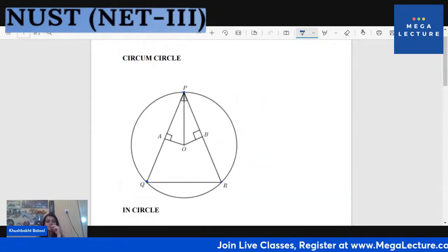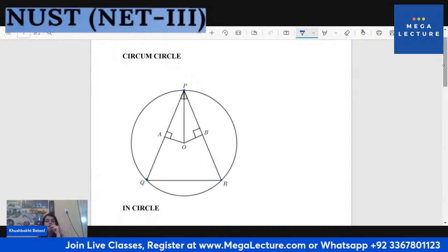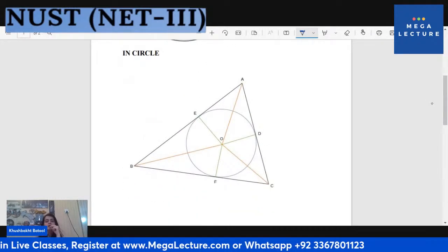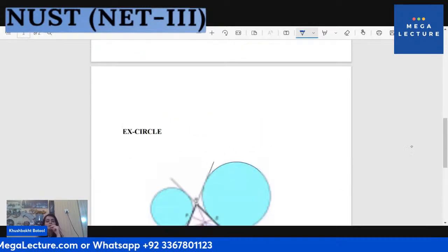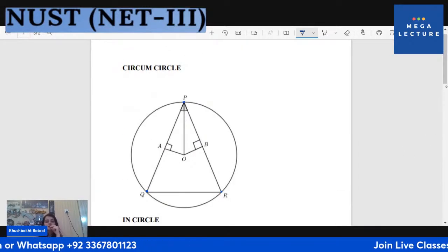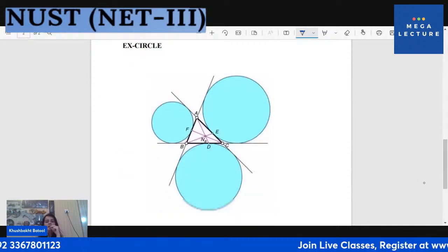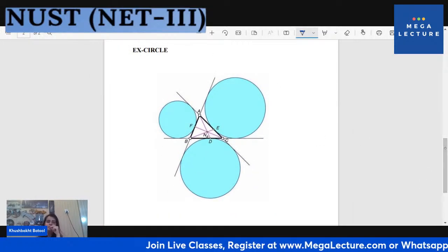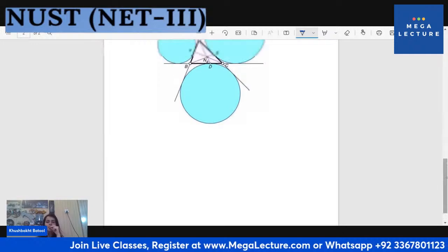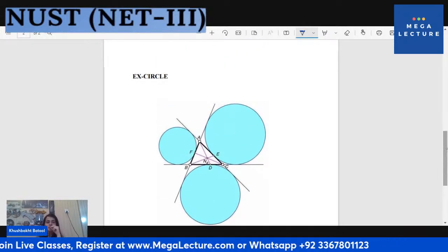This one is the circumcircle. The circle is outside and the triangle is inside. Then in the incircle, your circle is being made inside the triangle. And in the excircle, your circle can be made by touching any one of the three sides of the triangle. All right, so this is what we need to understand.